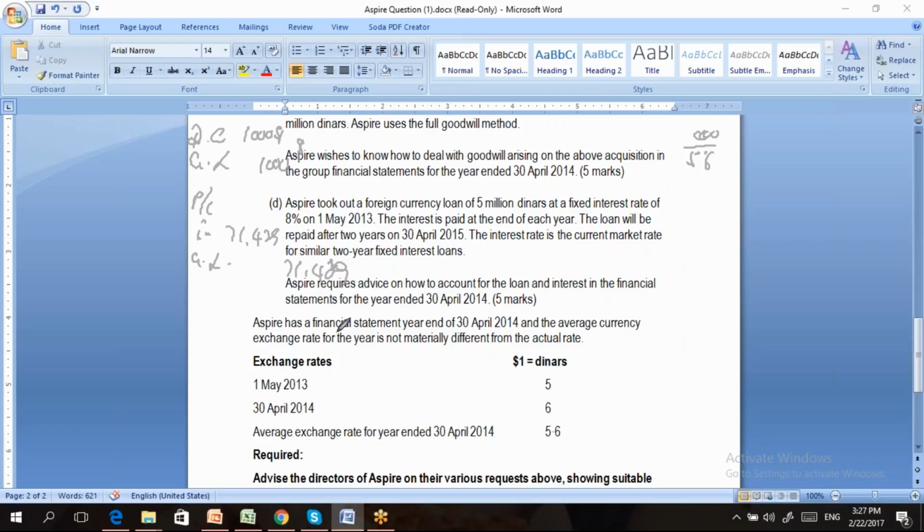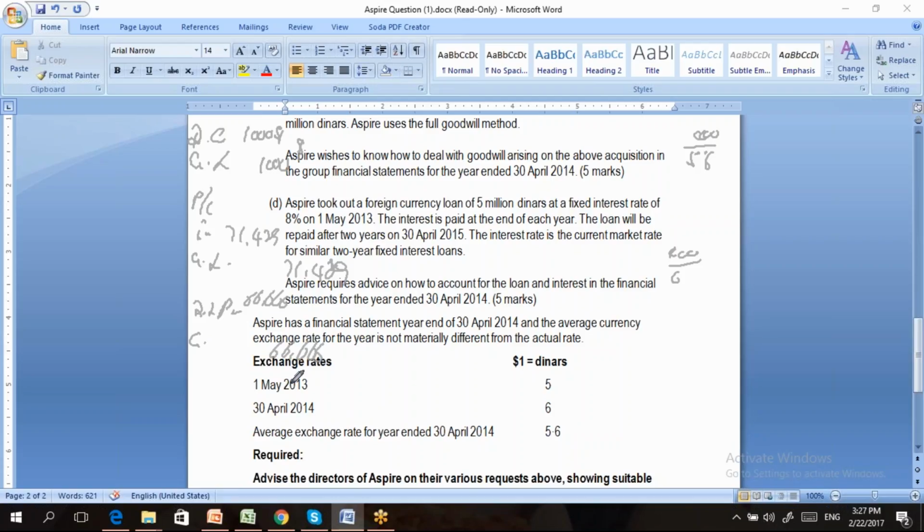Now you have to pay. When you are paying, you will pay at the closing rate. So the same 400,000, you convert at the rate of 6, the closing rate, and see how much you are going to pay. It is 66,666. So debit loan payable 66,666, credit cash 66,666.